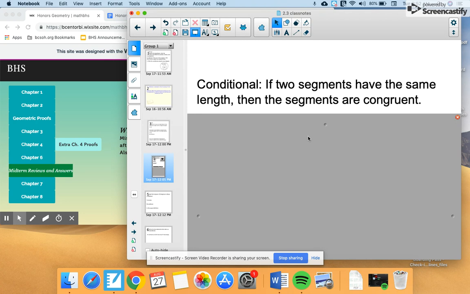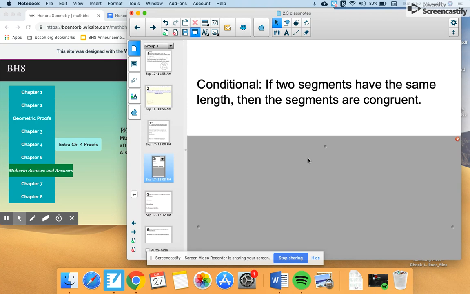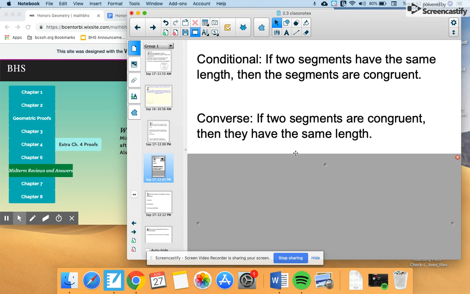So again, all I'm doing is taking those 2 statements there and I'm plugging in an if and I'm plugging in a then to make it an if-then statement. Then for my converse, I'm going to flip the hypothesis and the conclusion. So now I'm going to say if 2 segments are congruent, then they have the same length.